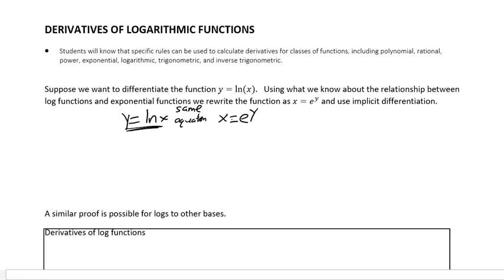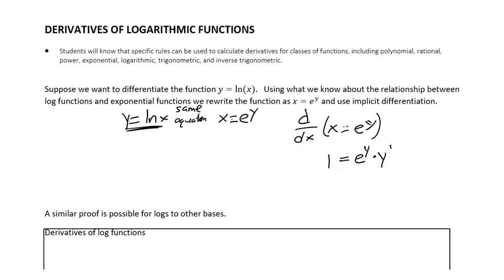So I'm going to take the derivative of x equals e to the y. And so here would be 1 equals e to the y times y prime. Tack on the y prime because we're differentiating with respect to x. Divide both sides by e to the y.